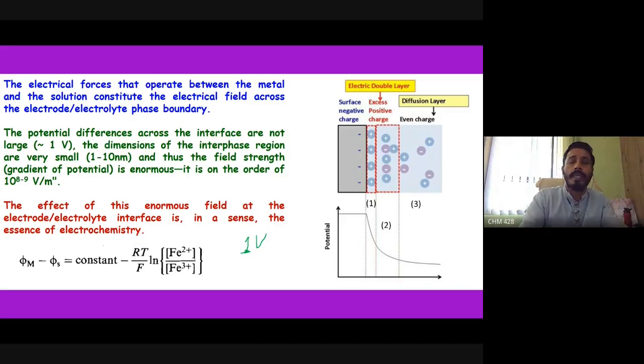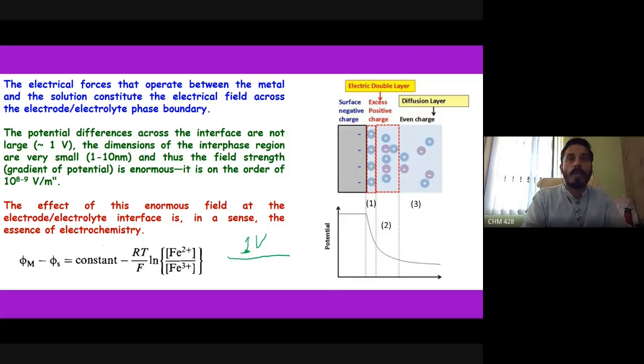If you take it as 10 nanometers, what about the electric field strength at the interfacial region? Electric field strength is nothing but the voltage divided by the distance in which that voltage is acting. What is the distance?